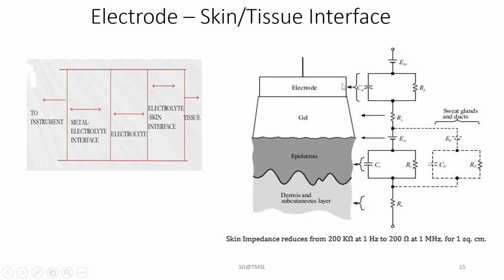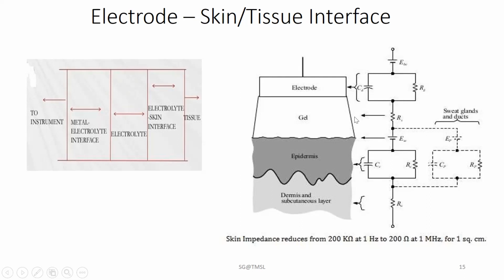The electrode and electrolytic gel interface equivalent circuit diagram is given here. As I have shown you in the last slide, two resistances and this capacitor create an impedance of this electrode.